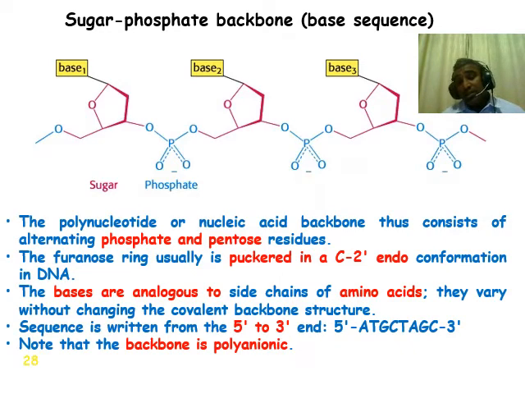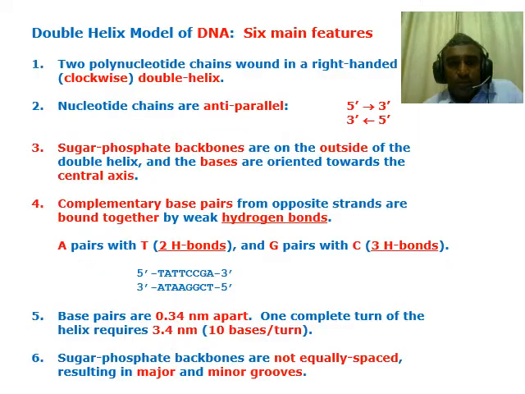The last note there refers to the backbone being polyanionic because of the phosphate charges. Therefore, it is anionic or negatively charged, which attracts positively charged counterions. And now we come to the 6 main features of the double helix model of DNA, at least 6 major features.